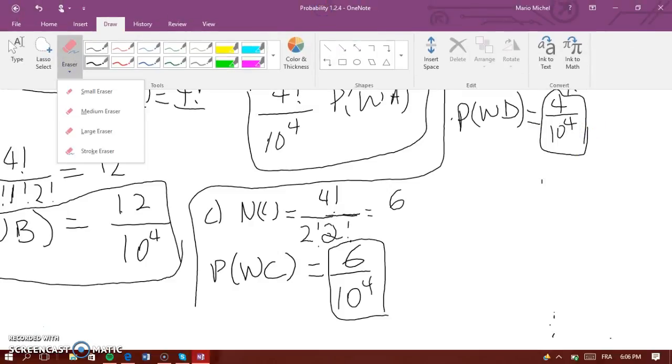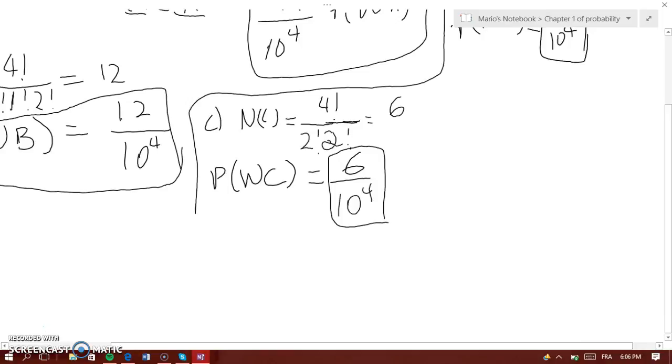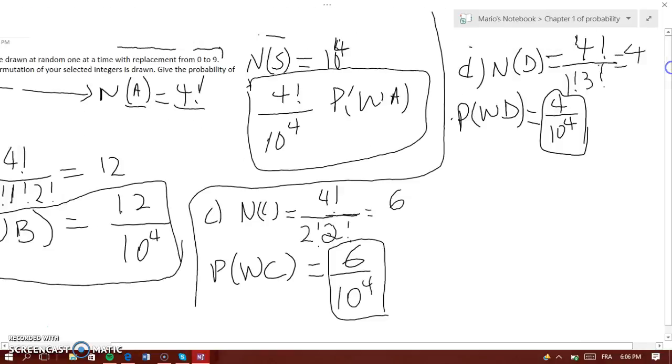This problem, I'm going to tell you, is not easy, it's somewhat tedious, but once you understand the notion of distinguishable permutation, you will find it easy to do.